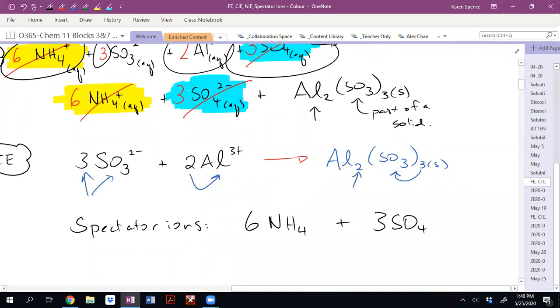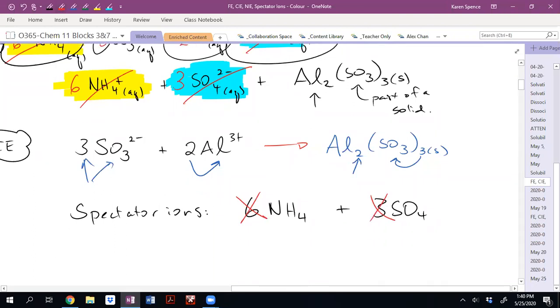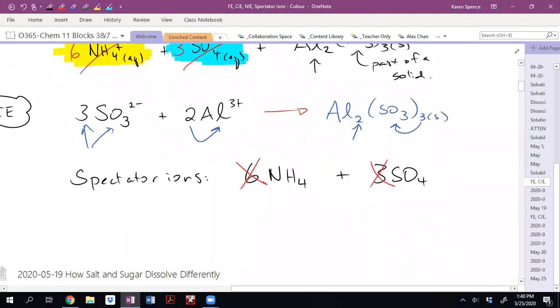I was going to ask you what was wrong with this. We do not put the coefficients in front when we're identifying the spectators, because that would imply that only 6 of all the millions of ammoniums present were spectator ions, and you know that it's not just 6 of them. If you have a beaker full of these things, there's going to be billions and billions of ammoniums.